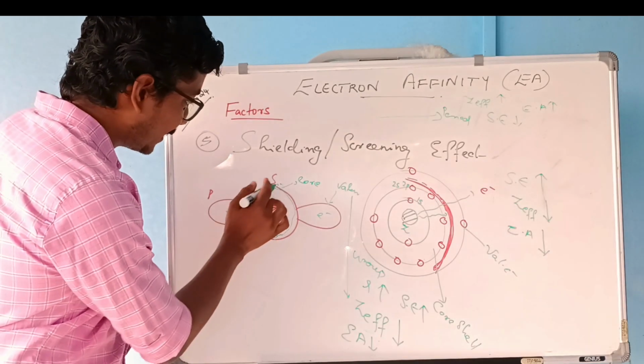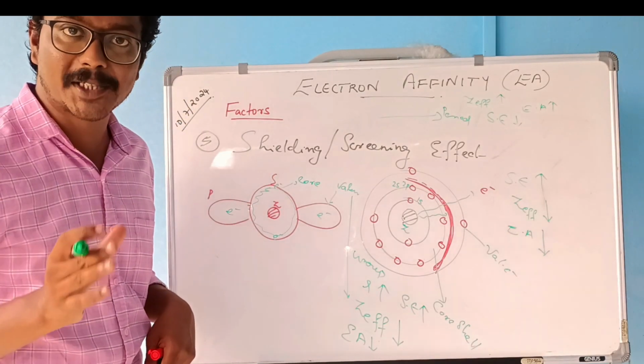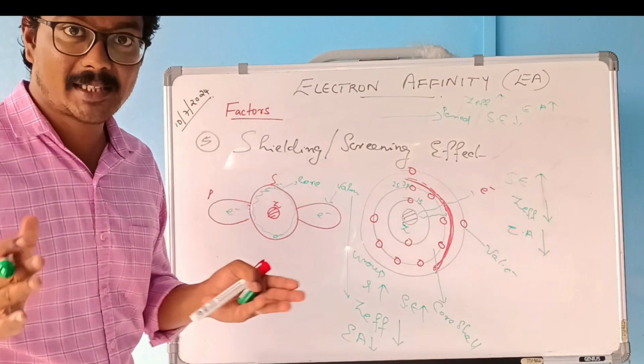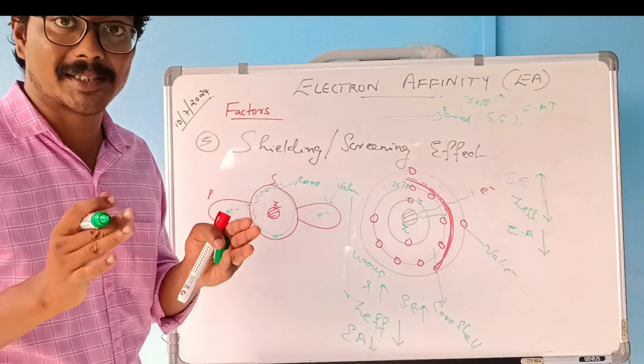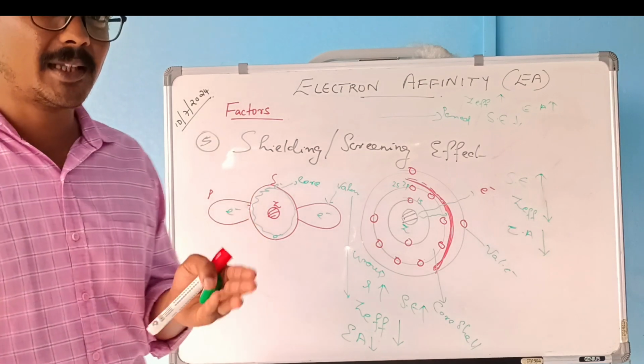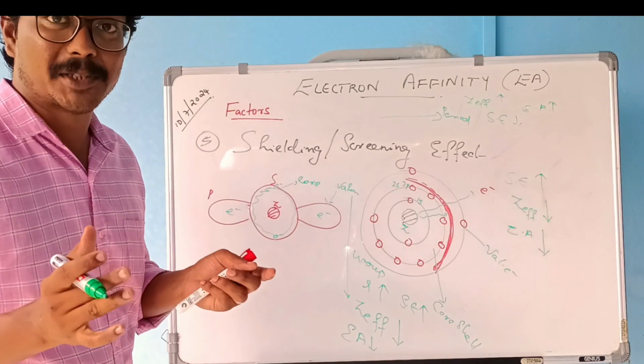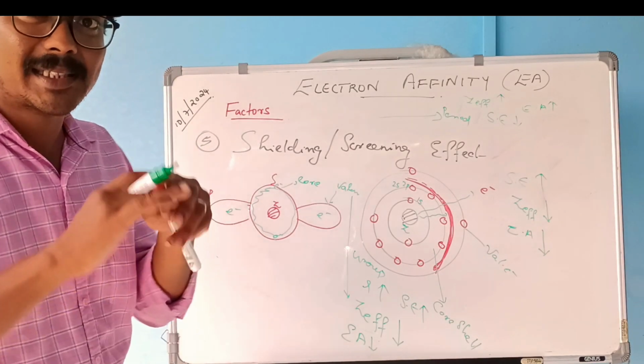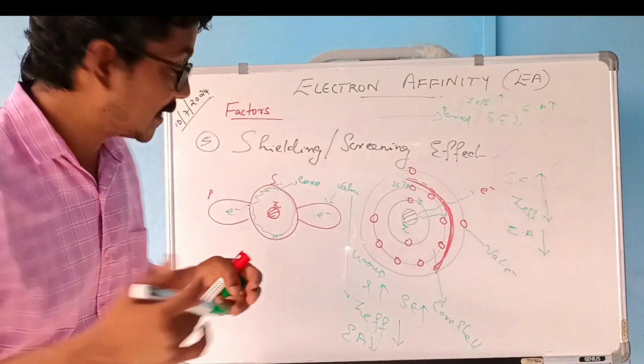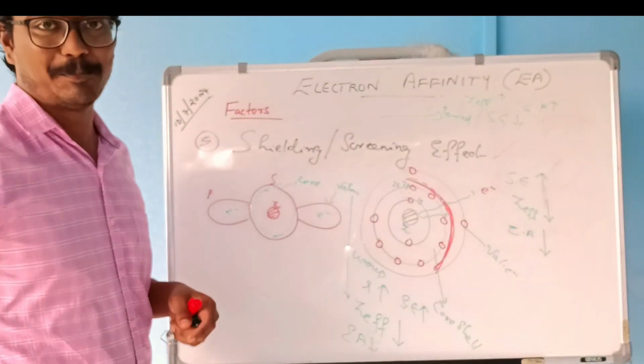So this s subshell will screen the nuclear charge effectively and protect the valence p subshell.